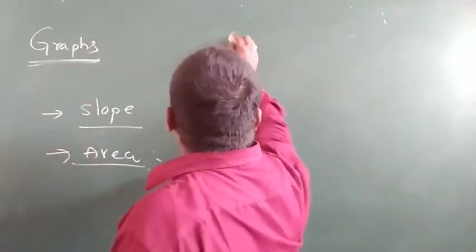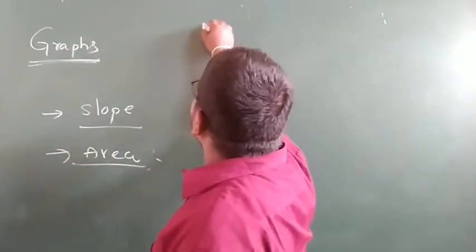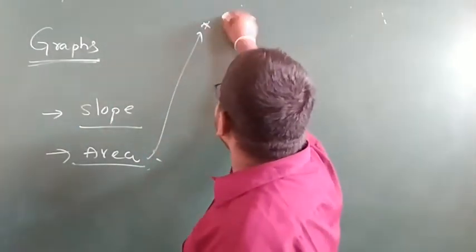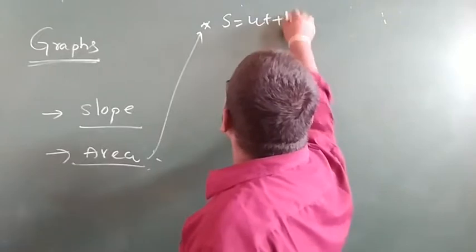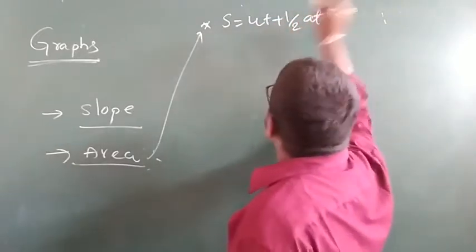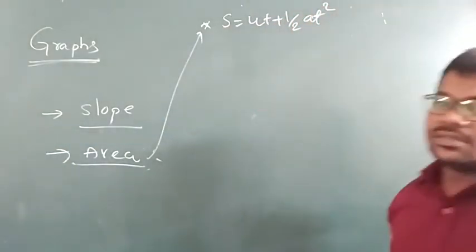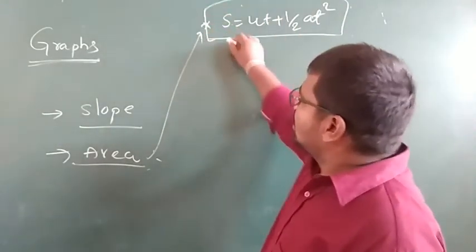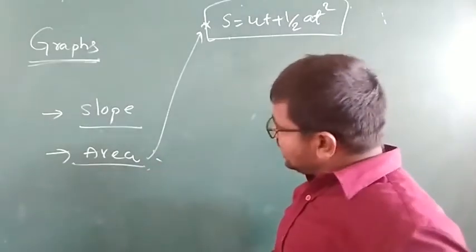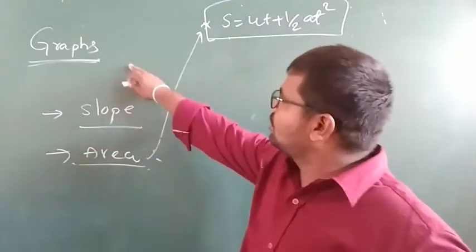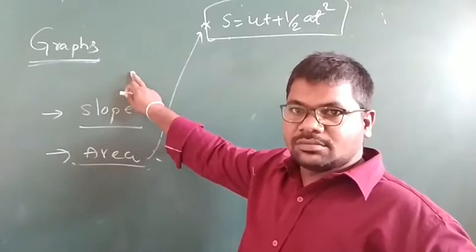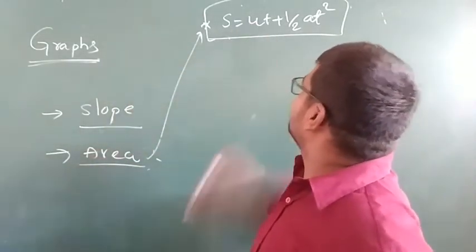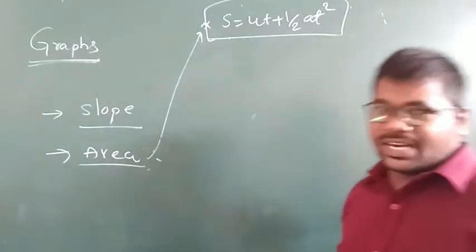Okay, see here, from the area method, one derivation is there, that is S is equal to ut plus 1 by 2 at square. Okay, at a time I will explain the area of the graph and the derivation of S is equal to ut plus 1 by 2 at square, my children.